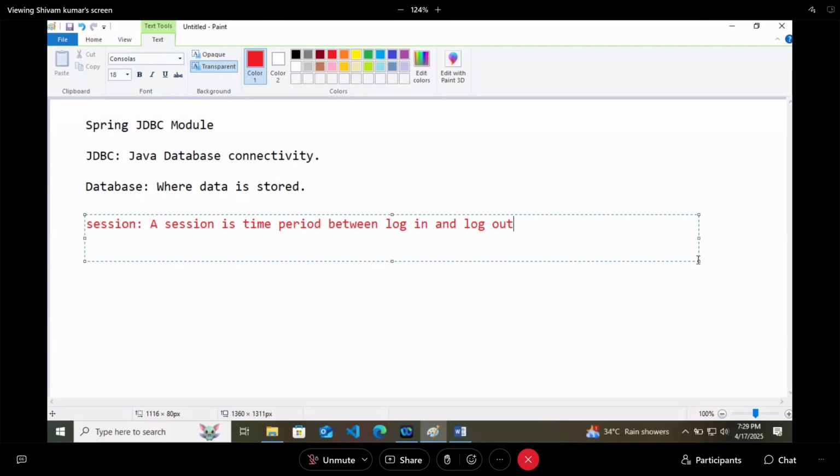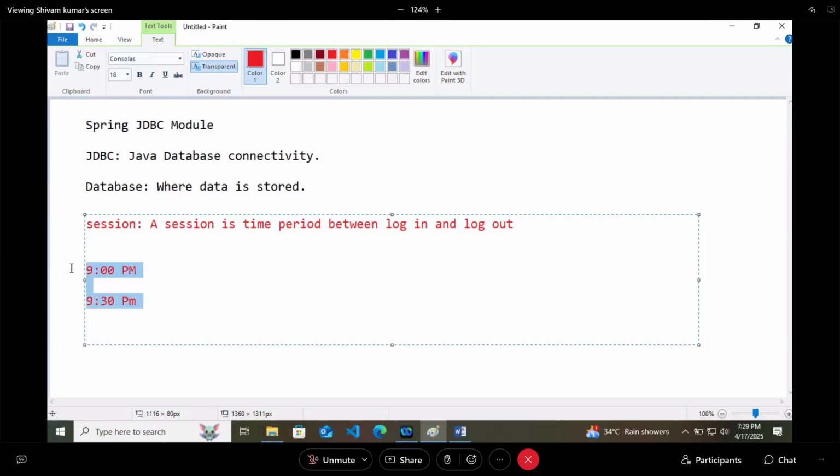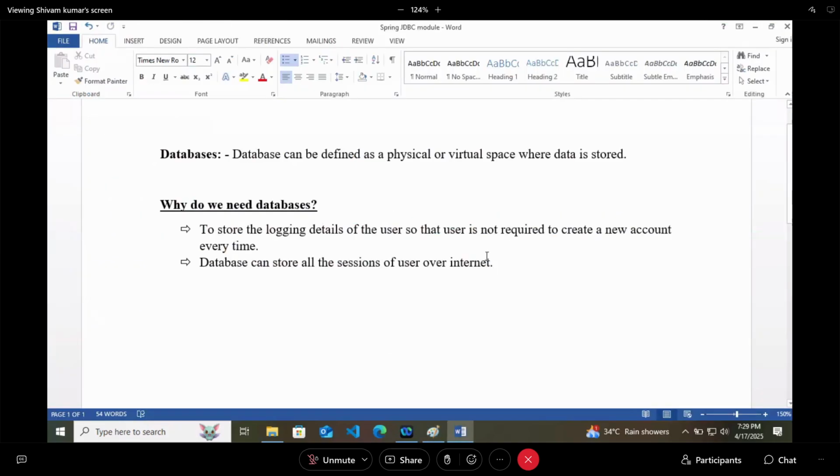Login and logout doesn't mean that you are logging out, you may just be closing the application. Let's say I open my Instagram at 9 p.m. and close it at 9:30. So this 30-minute time is a session of 30 minutes for me, right? Your database can store the session.